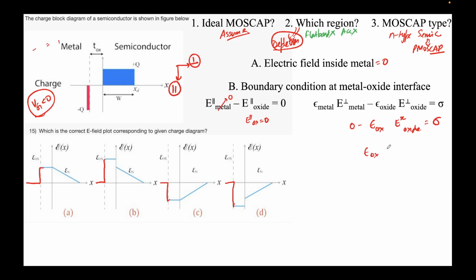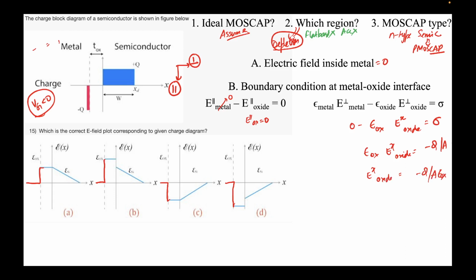So epsilon ox Ex oxide is minus q. Actually it should be q over some cross section area. Don't worry about it, we just want to get a feel of it. So Ex oxide is going to be minus q over epsilon ox. Fine, we got some value, that's some non-zero field in oxide. What should be the direction?